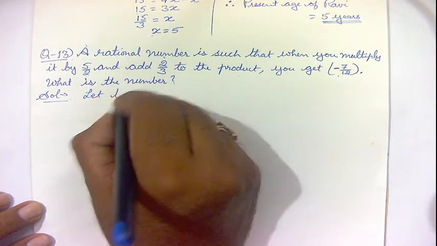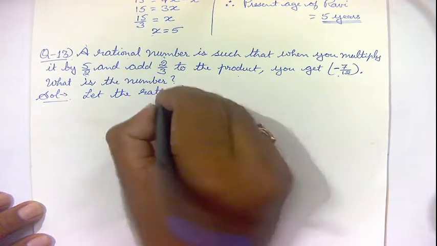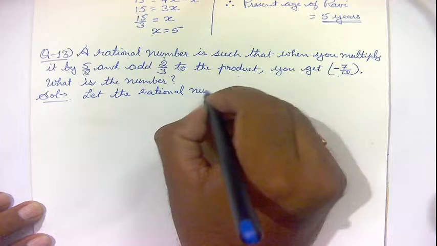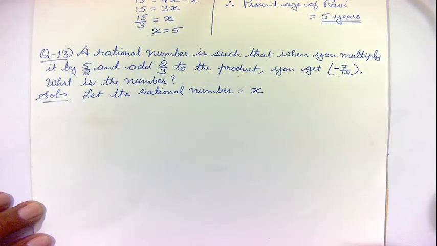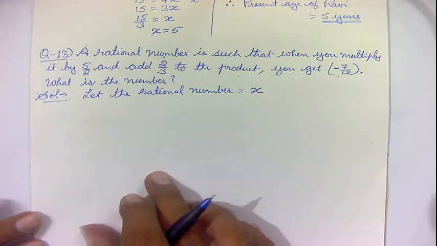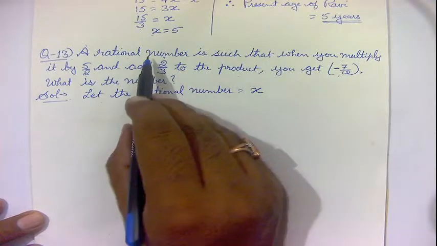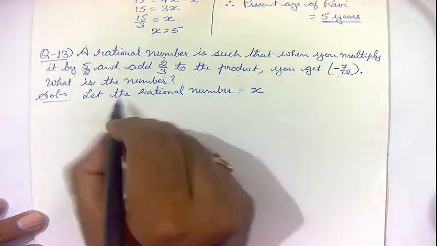So let the rational number be taken as X. If you take the number as X, now what we have to do with this? The rational number, when you multiply it by 5 upon 2.